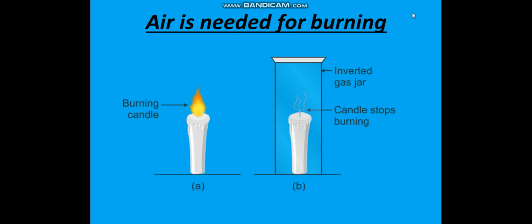We will take two identical candles, fix them on a table, burn the wicks with a matchstick, and cover one of them with a glass jar. We will observe the flame gets extinguished, meaning the flame is not burning after a few seconds.